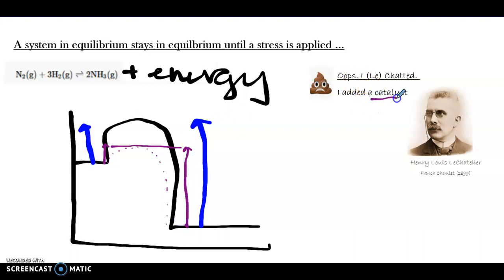So when I add a catalyst, does it favor the forward? Yes. Does it favor the reverse? Yes. It favors both of them. In fact, it favors both of them equally because it makes it equally easier going forward and equally easier going backwards. You're just trimming off the top of the hill and you're subtracting, let's say, you're saving 20 joules. Well, you're saving 20 joules going forward, but you're also saving 20 joules going backwards.